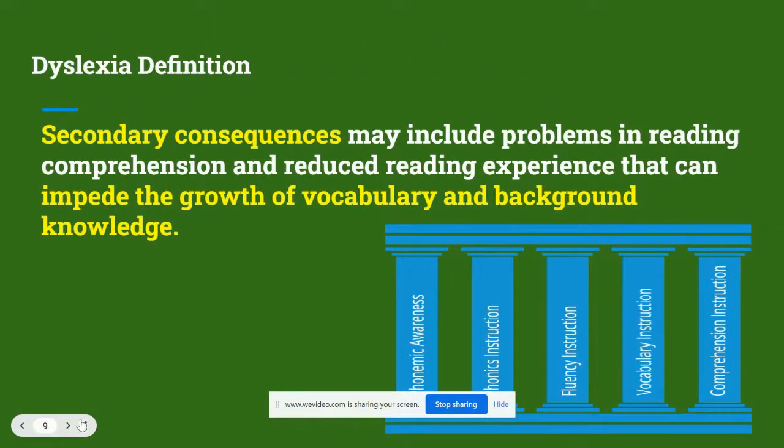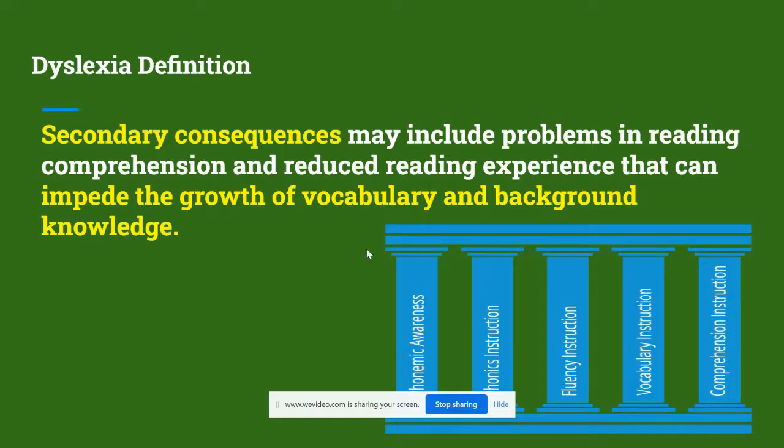Okay, so this is the last part of the definition, and it reads, secondary consequences may include problems in reading comprehension and reduced reading experience that can impede the growth of vocabulary and background knowledge. So for the very first part of this sentence that says secondary consequences, I think we can kind of figure out what that means.